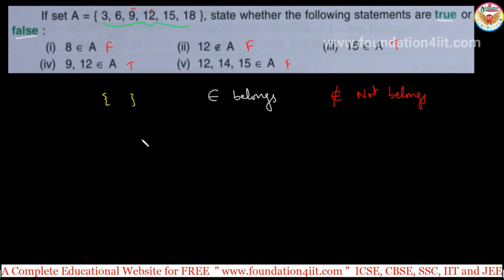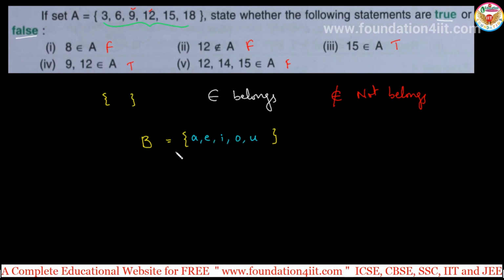Just to denote a set, we use capital letters. Like B is the set having elements A, E, I, O, U. So it is well defined: only the vowels in the English alphabet can be taken as set B. Sets we denote with capital letters. The members or elements we use small letters like a, b, c, d.